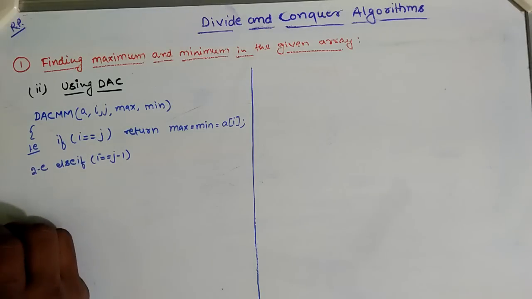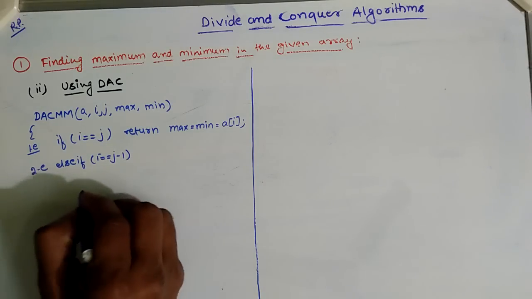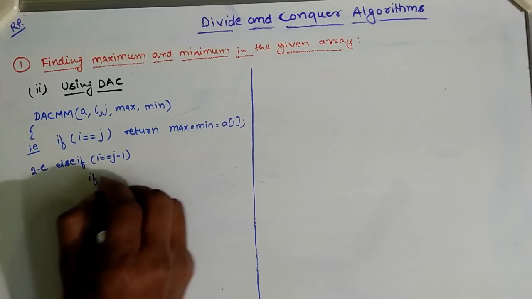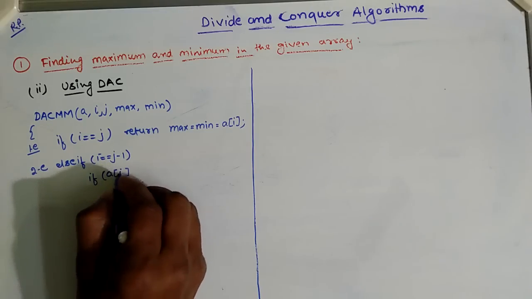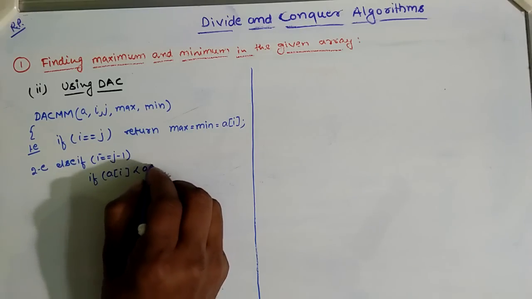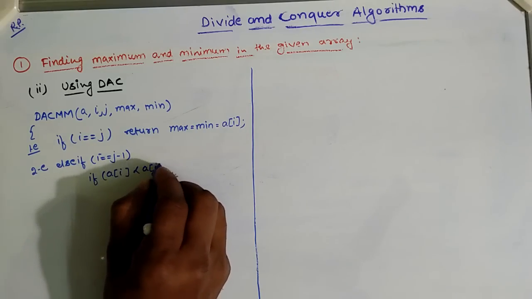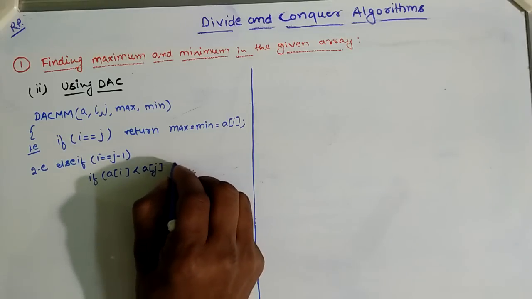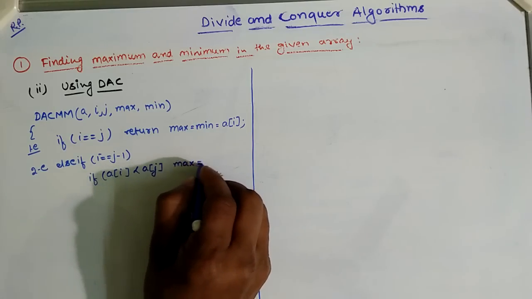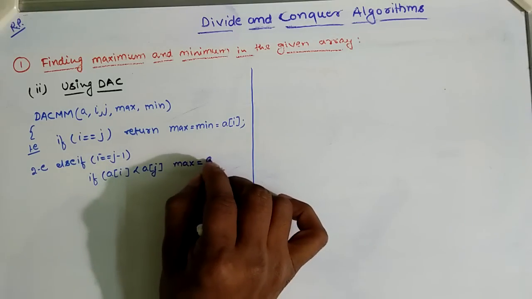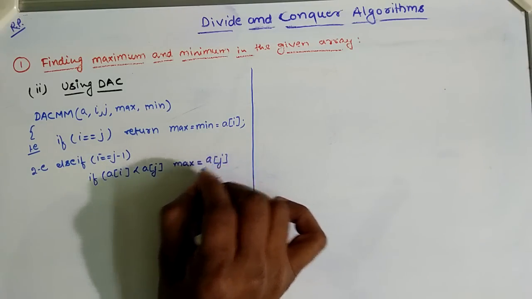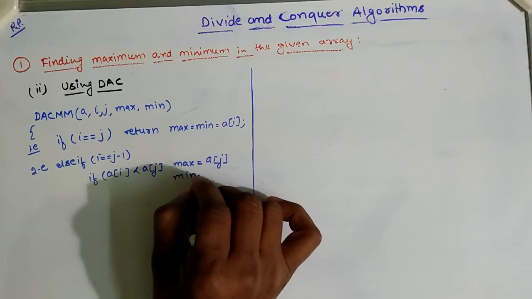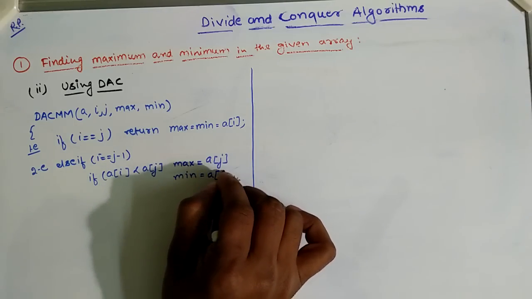So in that case, if A of I is less than A of j, then I can say that max is equal to A of j and min is equal to A of I.